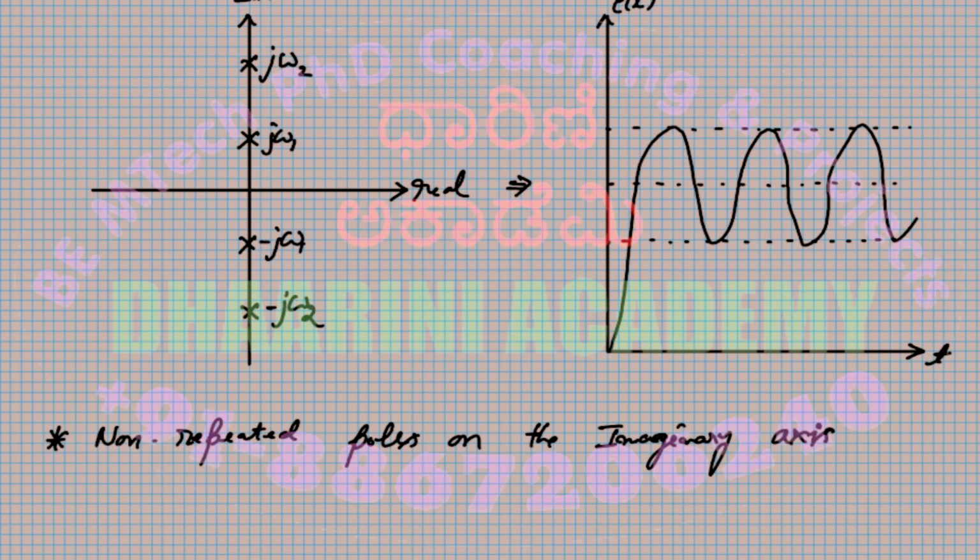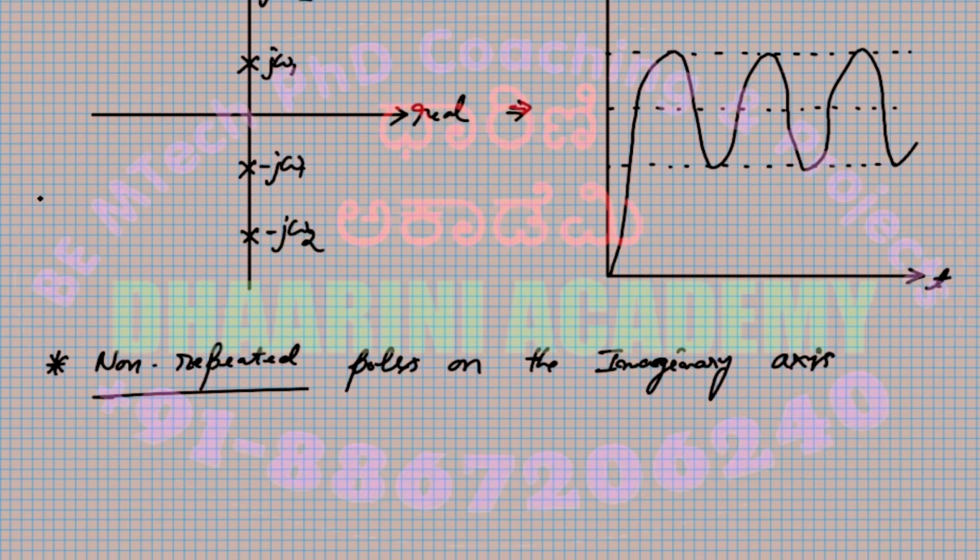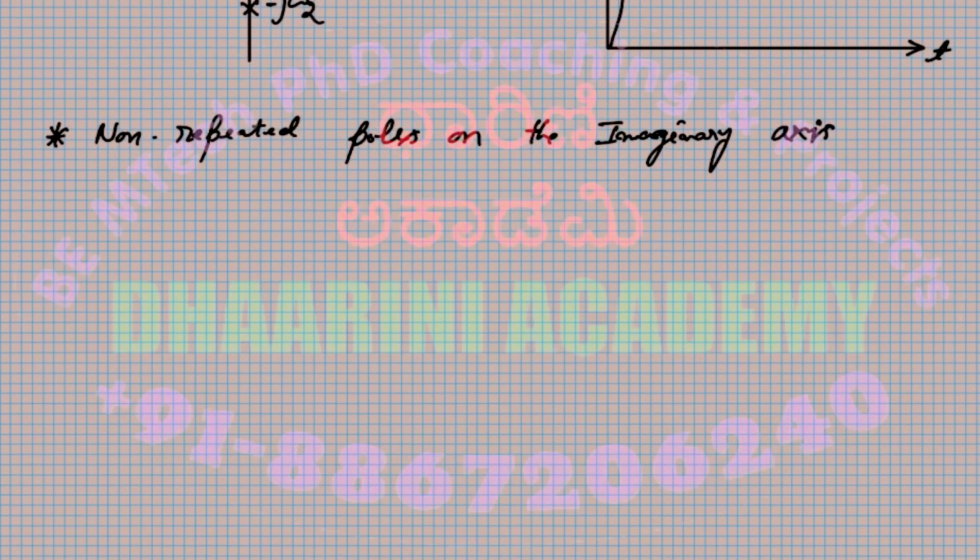The second condition is that I cannot have any pole on the right side. If you have any pole there, it is unstable. That's obvious, so I will not write it. This condition is called marginally stable or critically stable. Now we have another condition. We highlighted non-repeated. What happens if it is repeated? If it is repeated, the system becomes unstable once again.